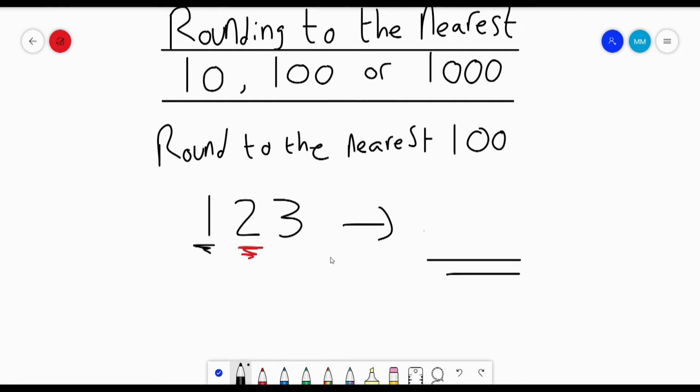Is 2 5 or more? Well, it's not 5 or more. So we write 1. The 2 turns into a 0, and so does every other number after it. So the 3 turns into a 0 as well. Done. 123 rounded to the nearest 100 becomes 100.